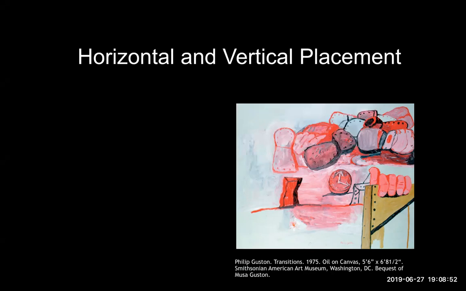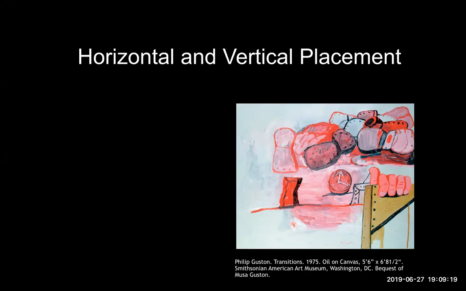So this is Philip Guston, and in this painting, which is called Transitions, it's really weighted to the right. Even the hands of the clock are like pointing over to the right and up towards this mass of kind of vague forms. We're not quite sure what they are.